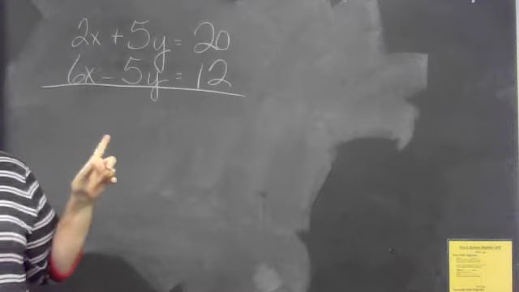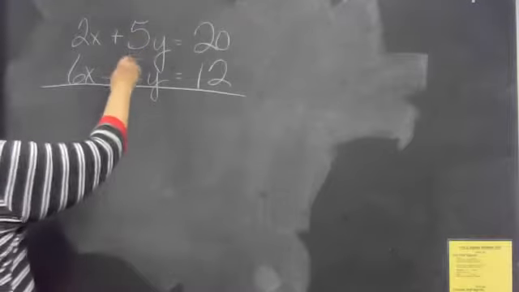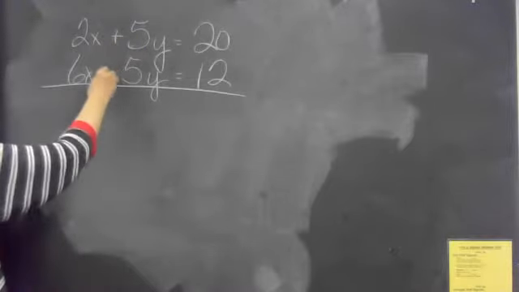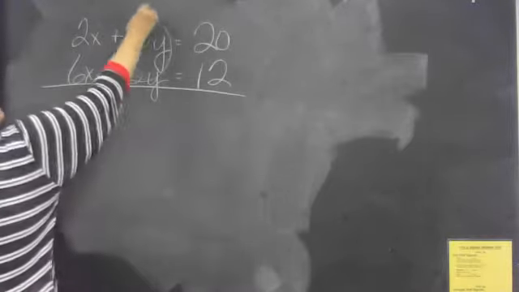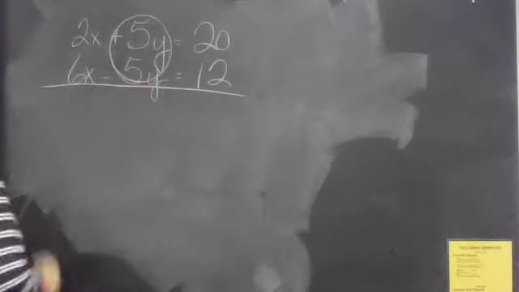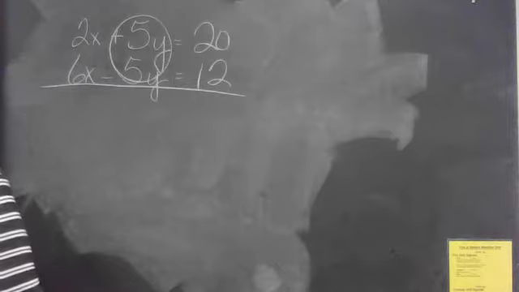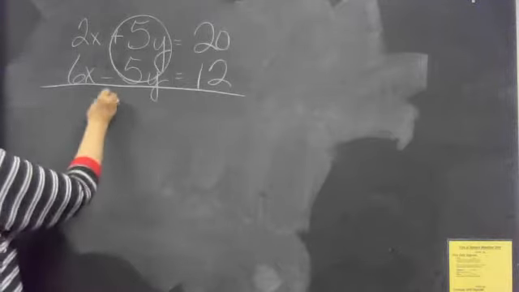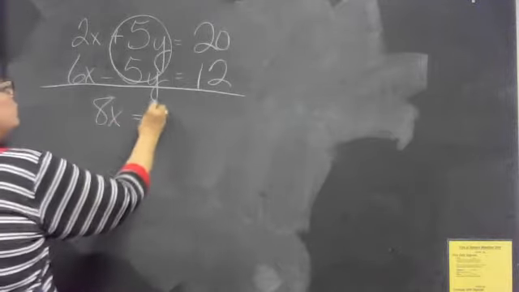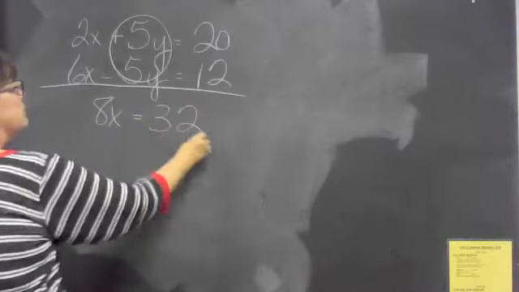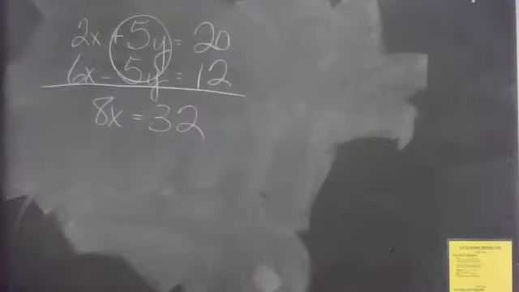In this case, it happens to be the y's. If the numbers are the same and the signs are opposite, they will add up to 0, and you can ignore this now. Now we're going to add straight down, and we have 8 x's equal 32. Any problems there?